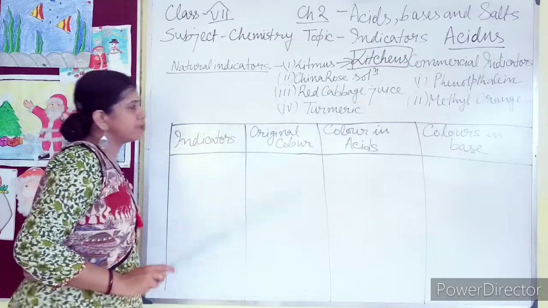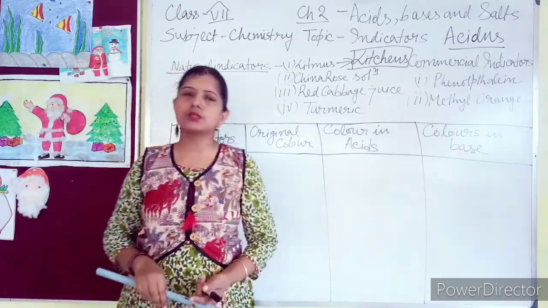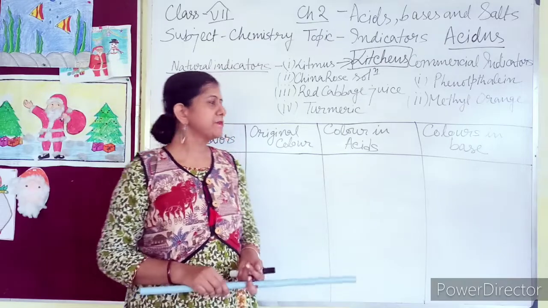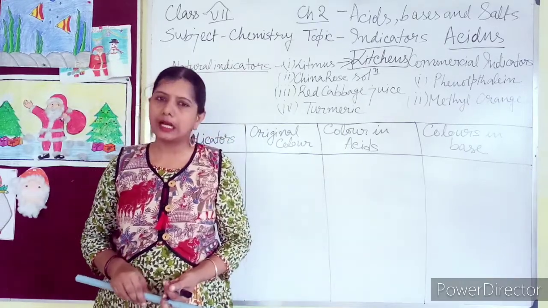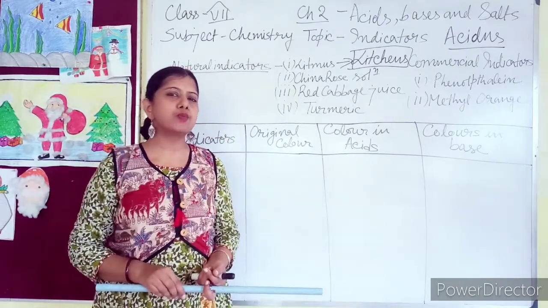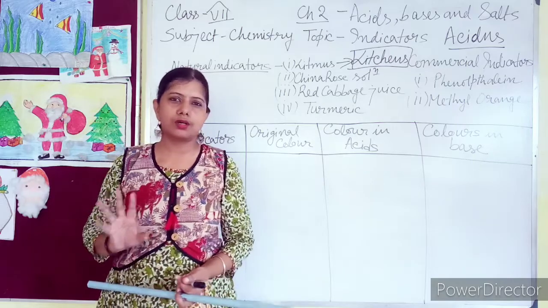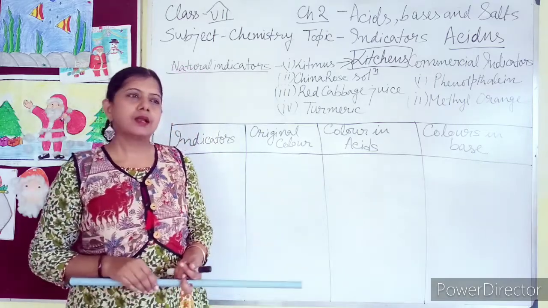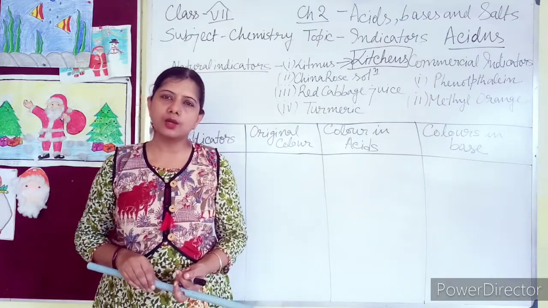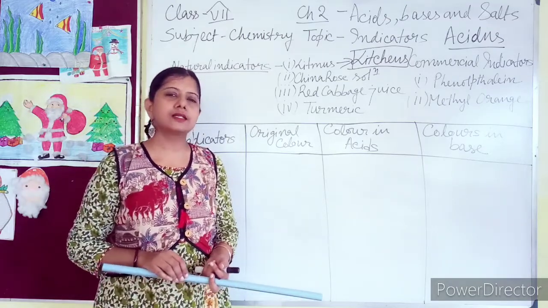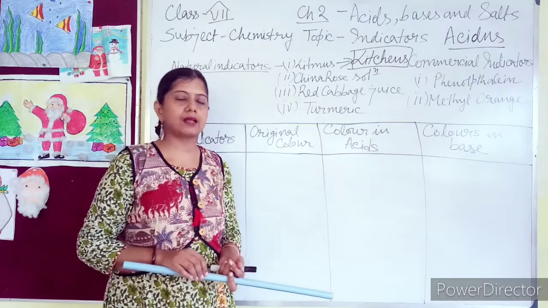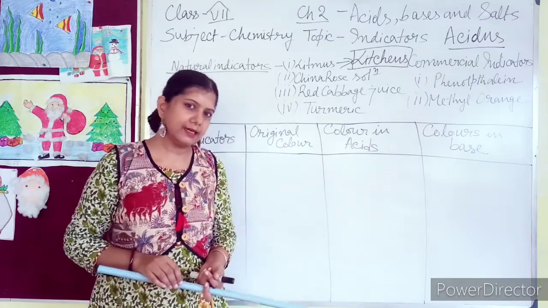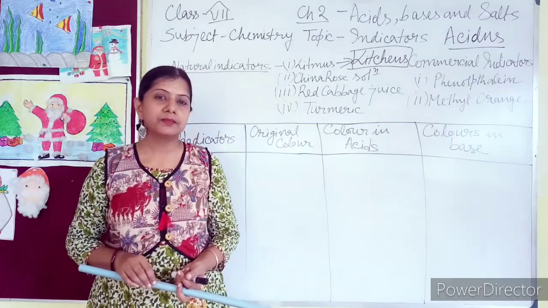Now turmeric indicator. I want to share something with you. Today during your dinner or lunch, intentionally you put some curry on your dress, without telling your mother. Now if you put some curry on your dress, after that if you clean it using soap, have you seen that any change is there?